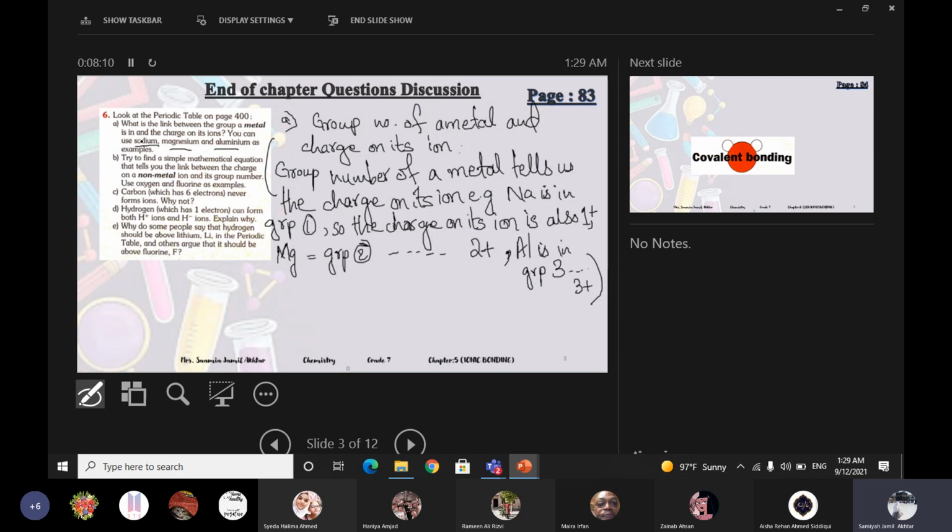Sodium is in group 1, so the charge is 1. Magnesium is in group 2, so the charge is 2. Aluminium is in group 3, so the charge is also 3. This is for the metals.